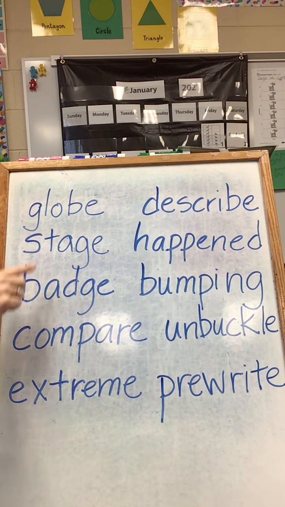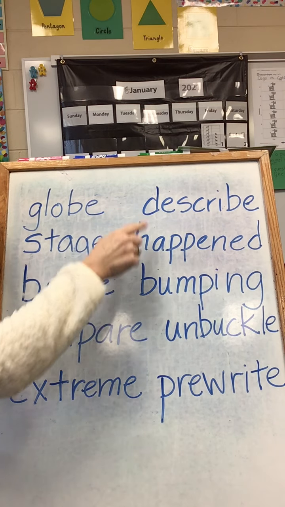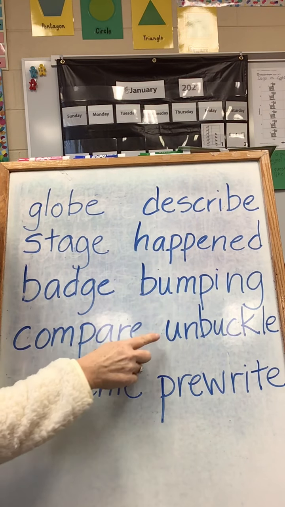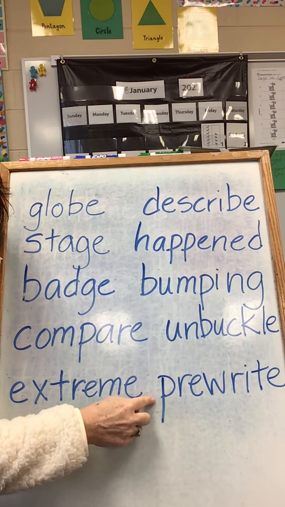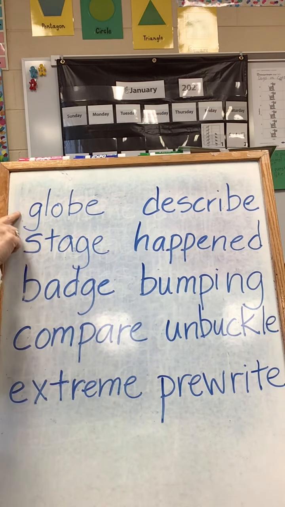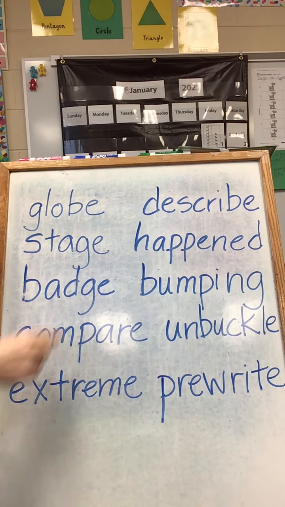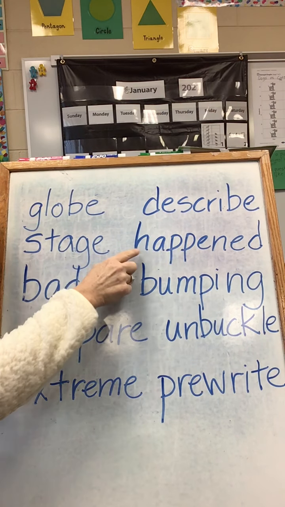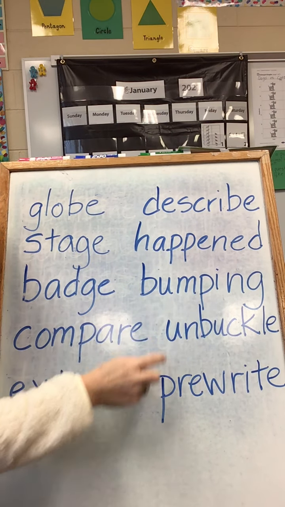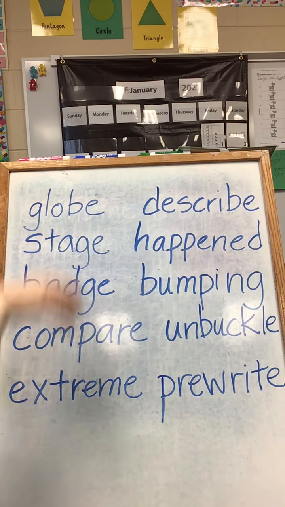Globe, stage, badge, compare, extreme. Describe, happened, bumping, unbuckle, pre-write. Little faster. Globe, stage, badge, compare, extreme. Describe, happened, bumping, unbuckle, pre-write.